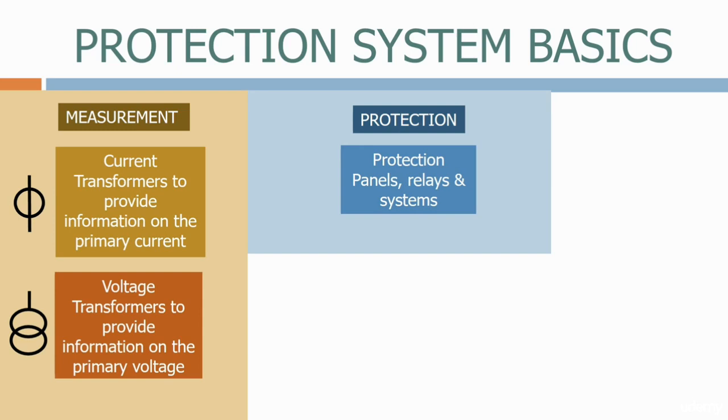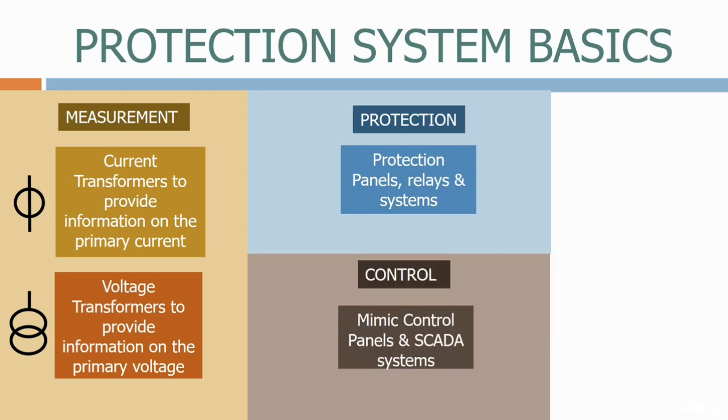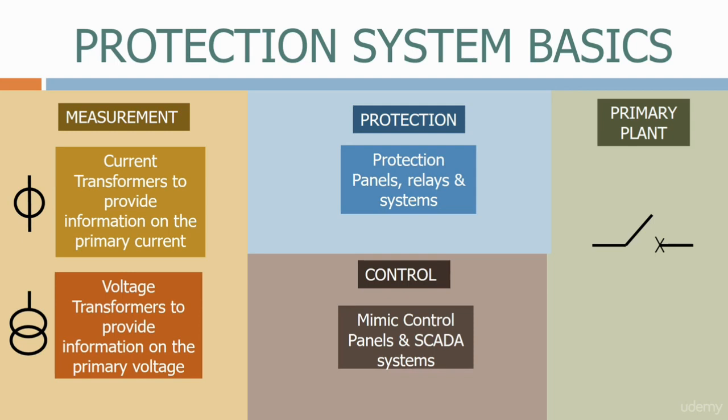Then there is protection equipment containing protection panels, relays, and systems, the control equipment containing mimic control panels and SCADA systems, and finally the primary plant such as circuit breakers.